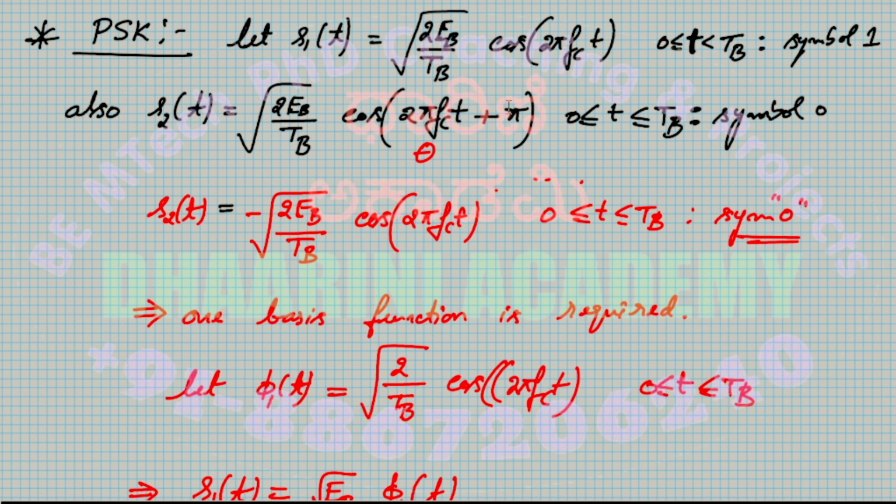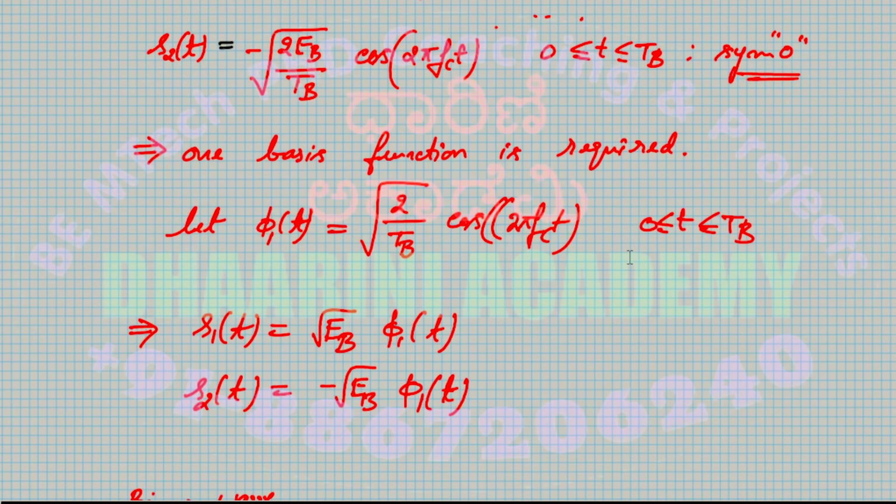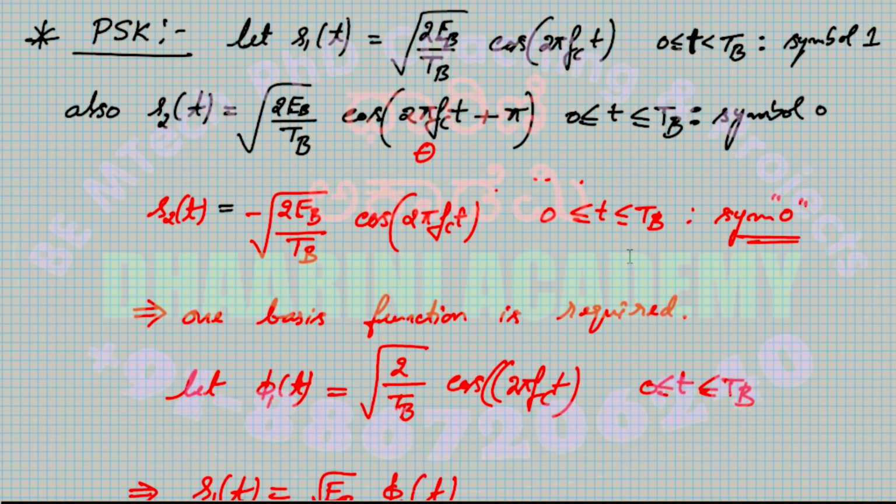That is what the fundamentals of trigonometry say, right? So cos of pi plus theta is minus cos theta. So I can simply write minus of the same function, without the pi. That will be for symbol 0. Is it okay? Right. So when I compare both S1 of t and S2 of t, the function is the same, right? Only the plus and minus sign are changing here. The first one is positive and S2 of t is negative.